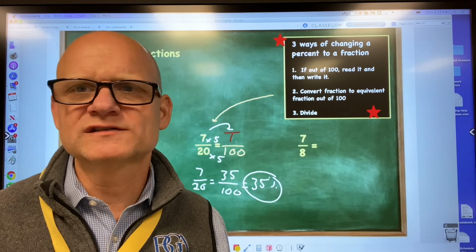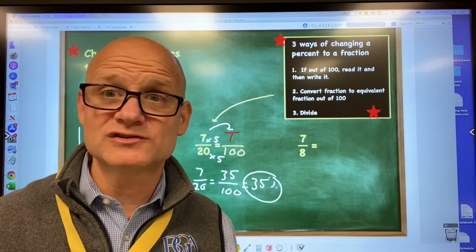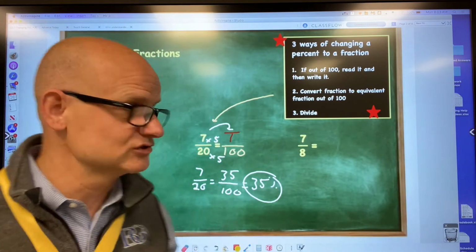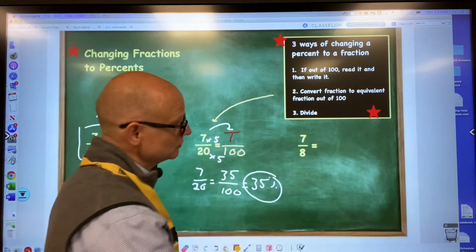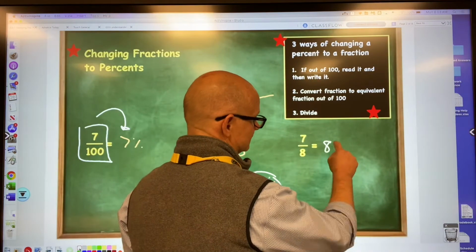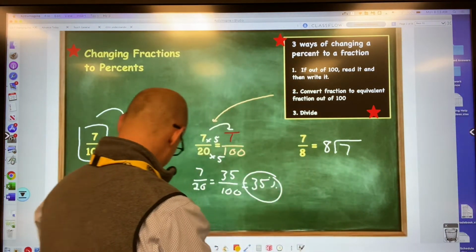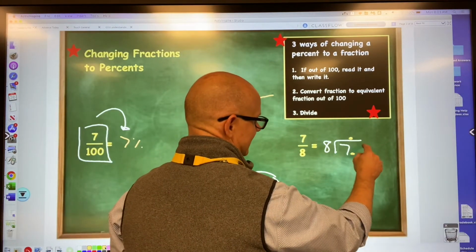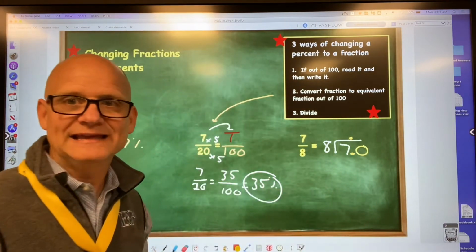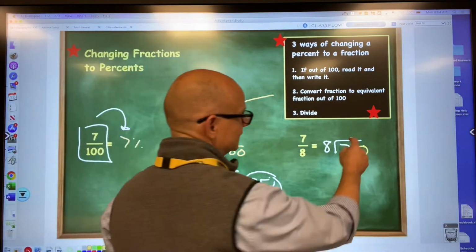So we could solve this a couple different ways. I'll show you one way, which is just to divide. Because remember, this fraction is a division problem. This fraction says 7 divided by 8. So let me just divide 8 into 7. I can add my decimal, bring it up, and I can add a 0. And then I just start dividing. 8 goes into 70, 8 times.